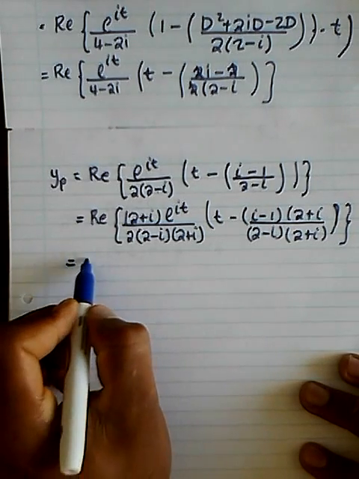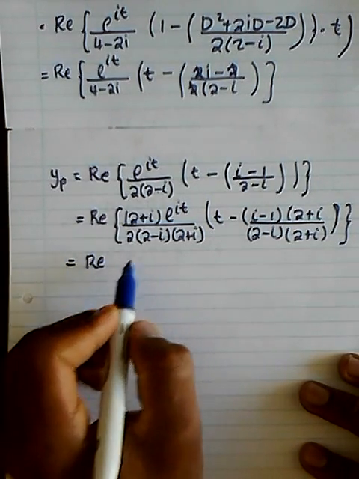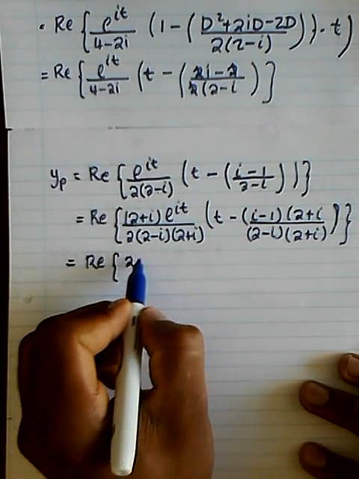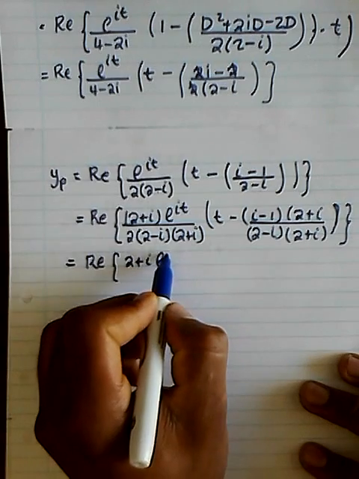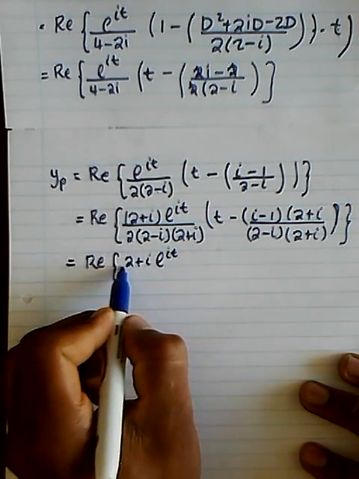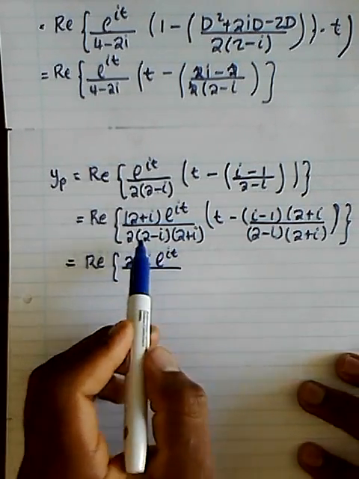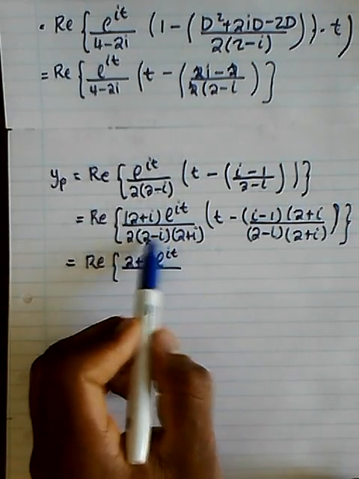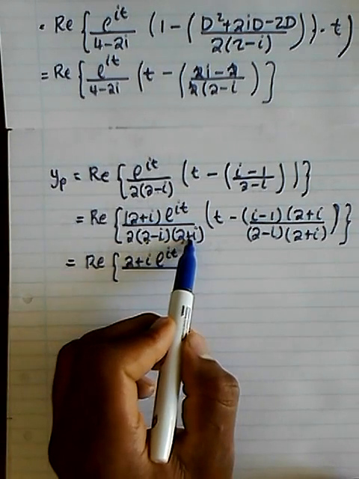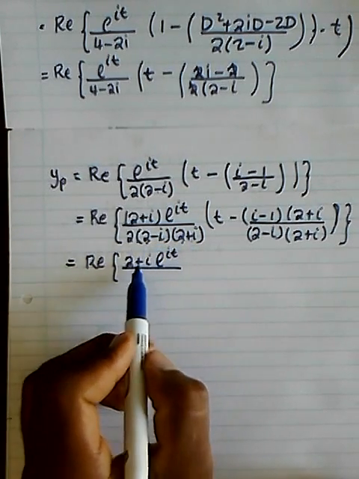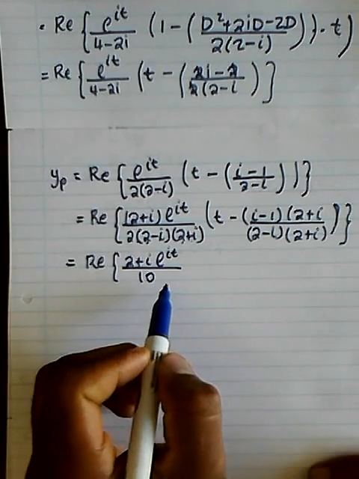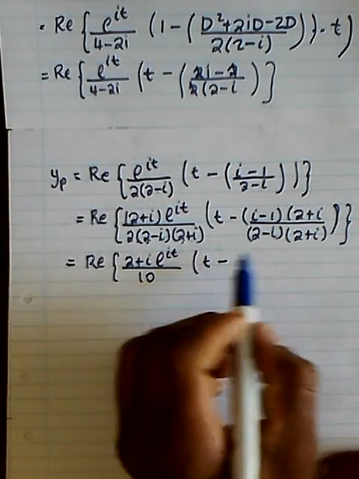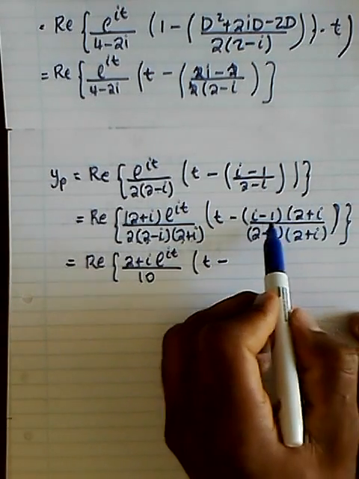So that will be equal to the real part of 2 plus i times e to the it divided by, when we work out this thing here, we're going to get 4 and then 5. We're going to get 5 multiplied by 2, we're going to get 10, and then that is multiplied by t minus. Now let's work out this part here.